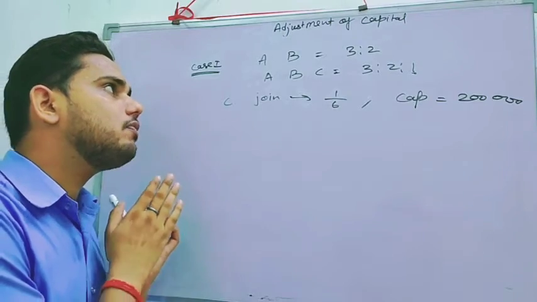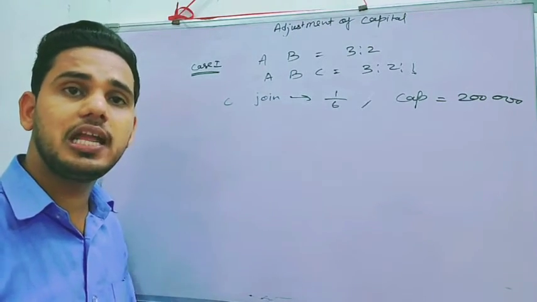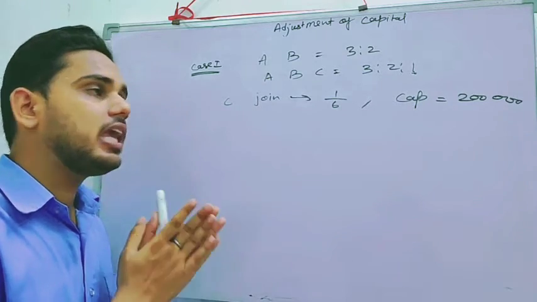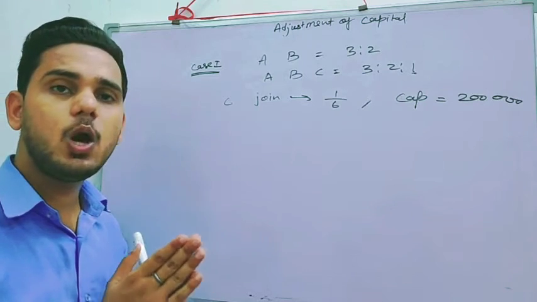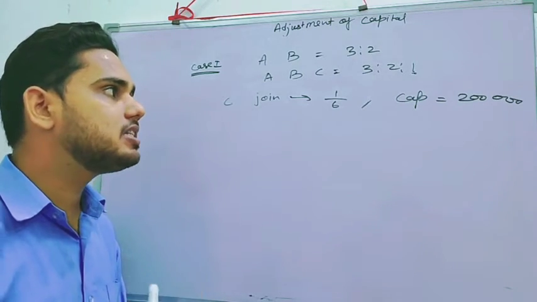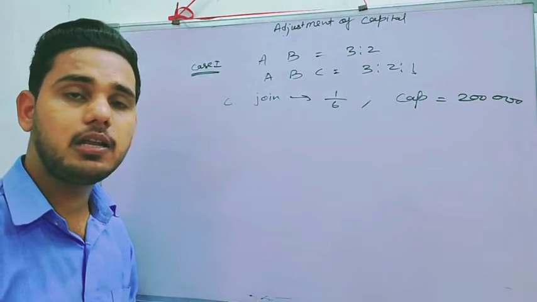Now what will be mentioned in the question for that capital given in the question indirectly? Okay, it can be written in the question like this: capital of old partners will be adjusted on the basis of new partner's capital.